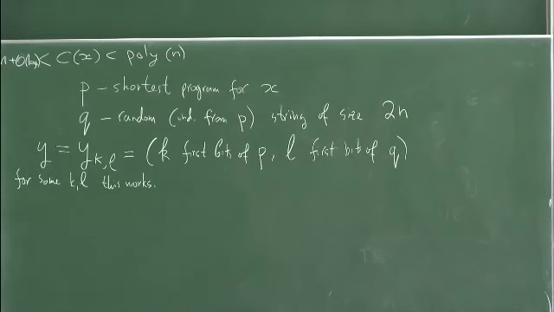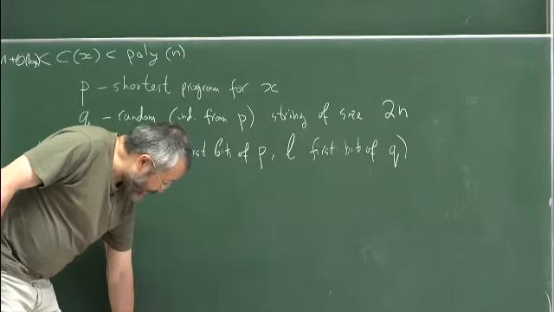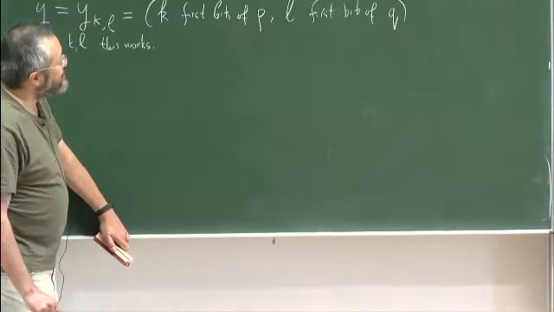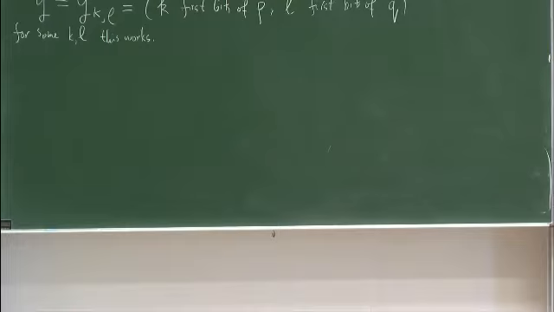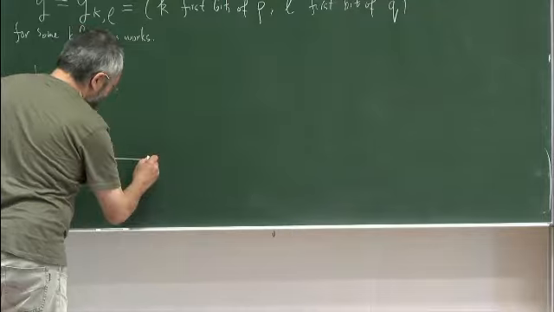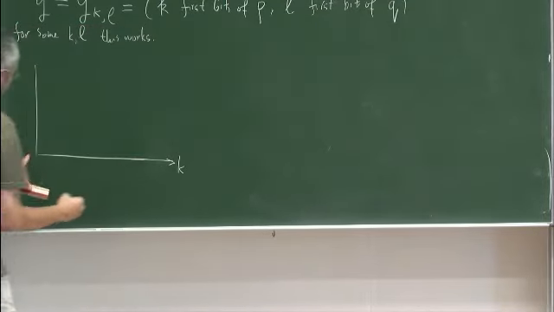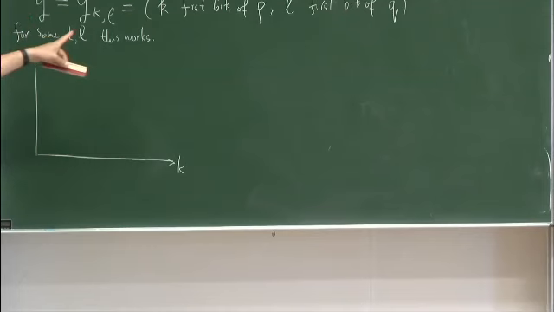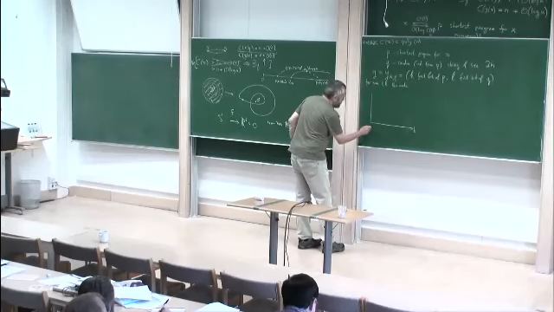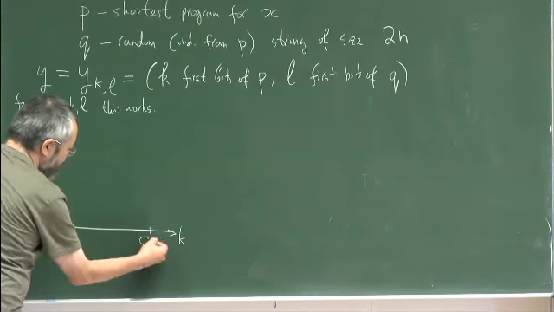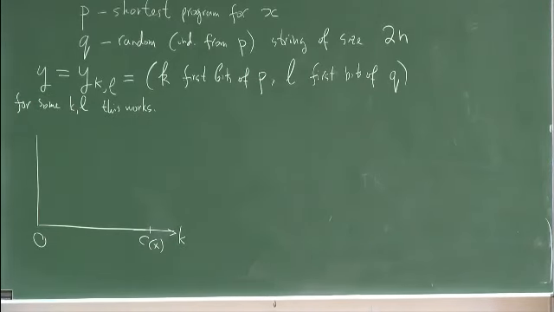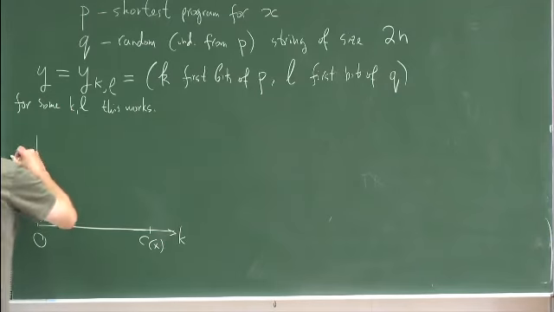Okay, so why does it work? Here we need to consider a continuous mapping like this. You may guess what this mapping is. K runs between 0 and the complexity of x, since we take bits of P, and L runs between 0 and 2n.